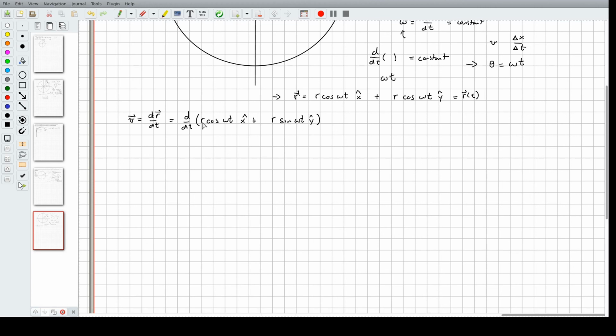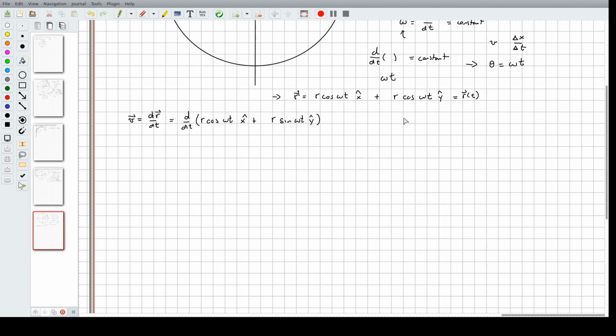Now, r is constant. It's the length of this motion. And since we're dealing with uniform circular motion, remember the radius is a constant thing. Omega is constant. X hat is constant. The only thing that we have is this time that's changing inside this trig function.